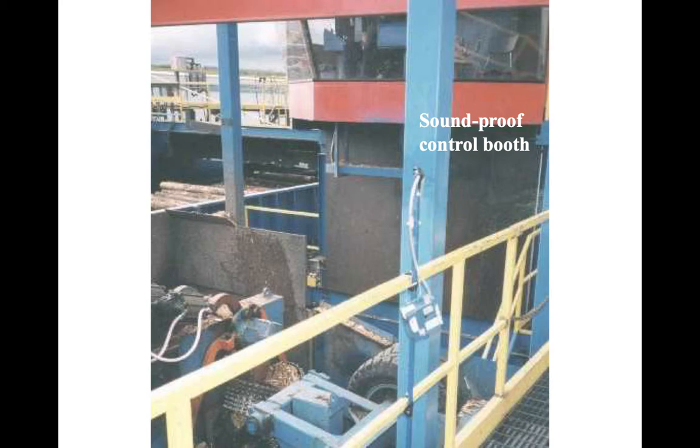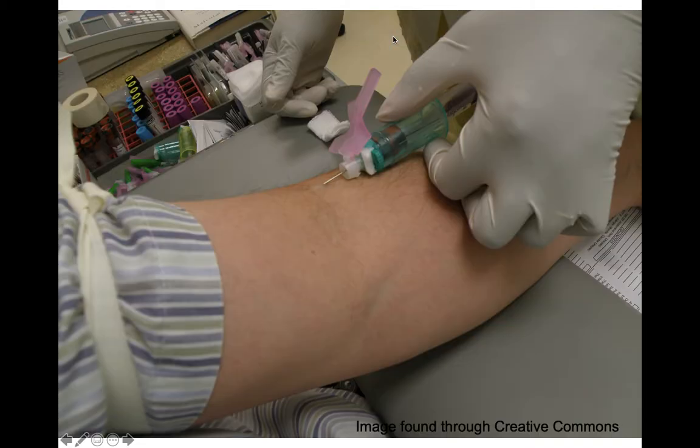So over here you can see in this diagram, they have a soundproof control booth. And then in the workforce, for example, a healthcare worker with a retractable needle, to prevent any sort of injury in this setting. So that's an engineering example of the syringe itself with this new technology of retracting.